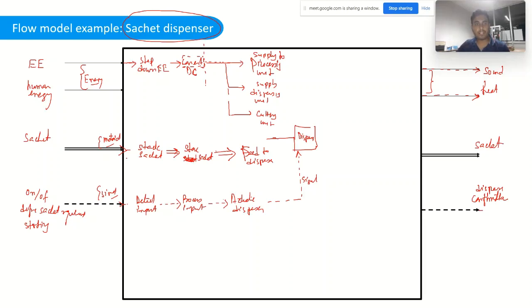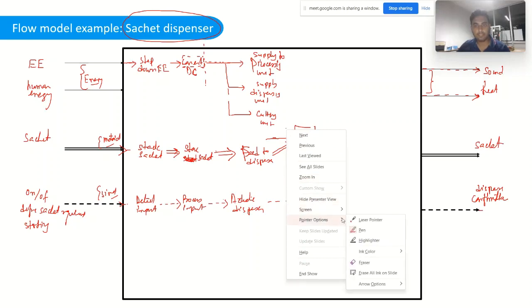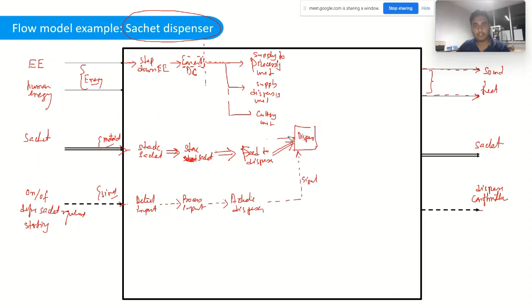Now these sachets are actually fed to the dispenser, so from here we can have material fed. And the electrical energy is now supplying the power. Now together the dispensing system is running.